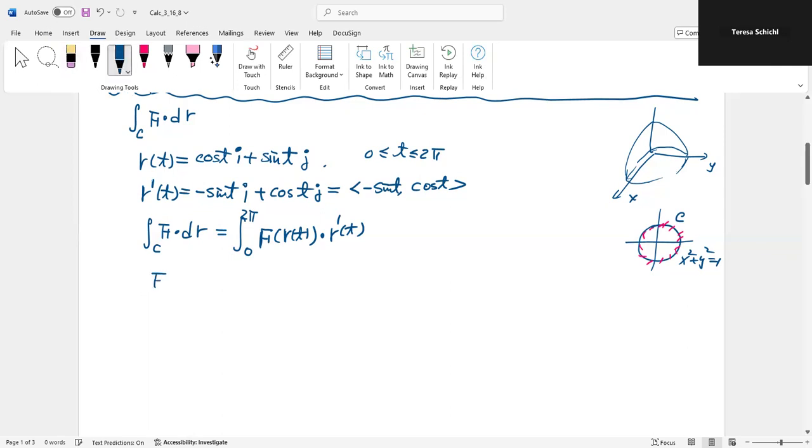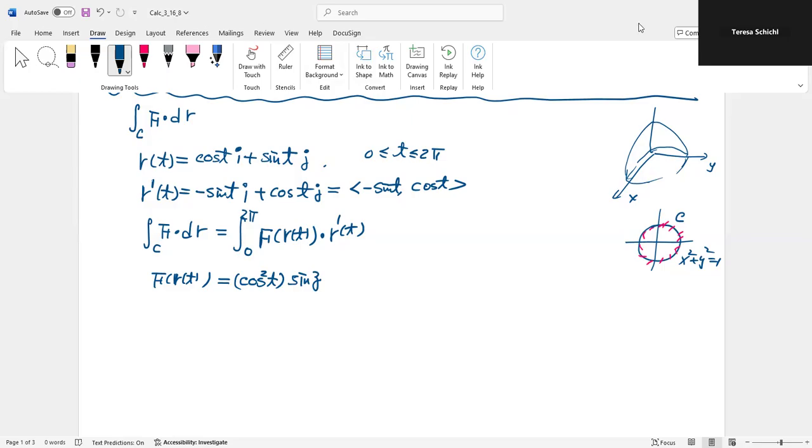So F of r(t): x equals cosine t, so I have cosine squared t times sine z.